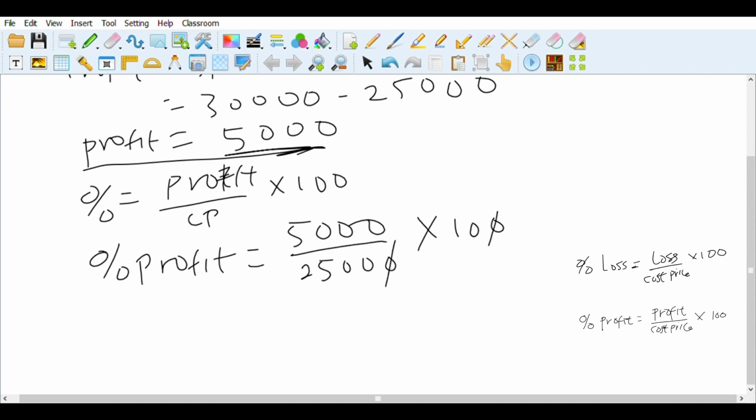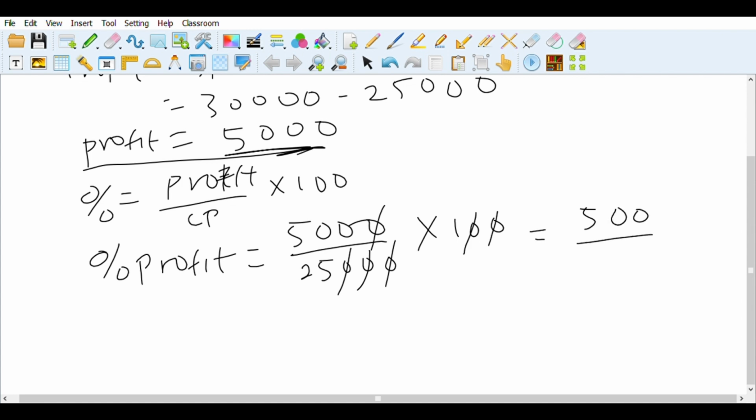So 0 can divide out 0. 0 here can divide out this 0. Okay. So we are left with 500 all over 25. You can see here that 25 can divide itself. 25 can divide 50 because 25 times 2 is 50. So we have 2, and if 25 divides 0 here, we'll have 0.